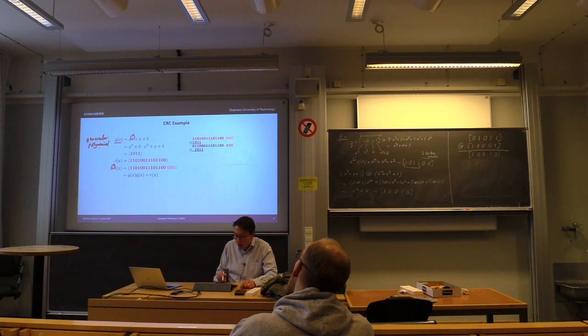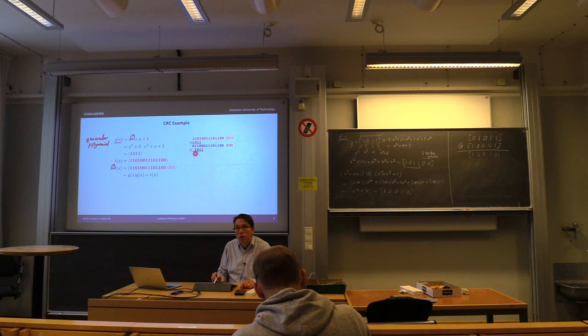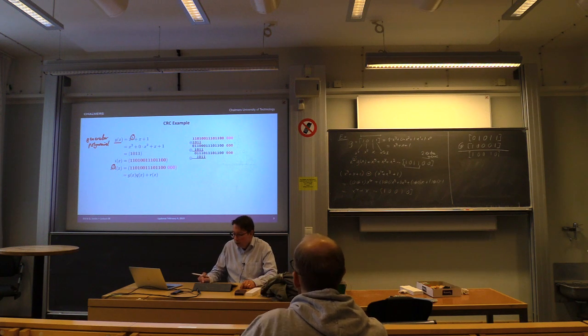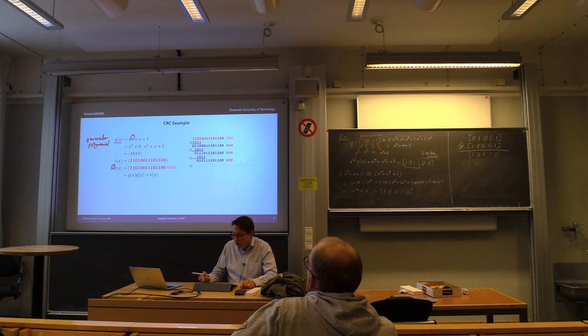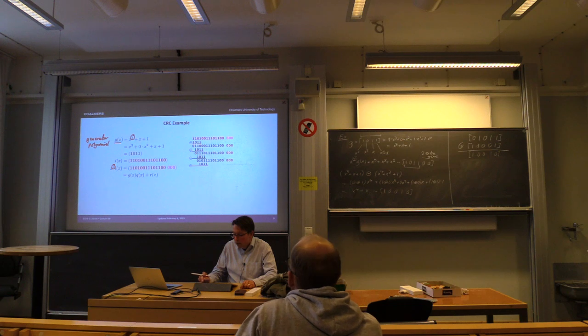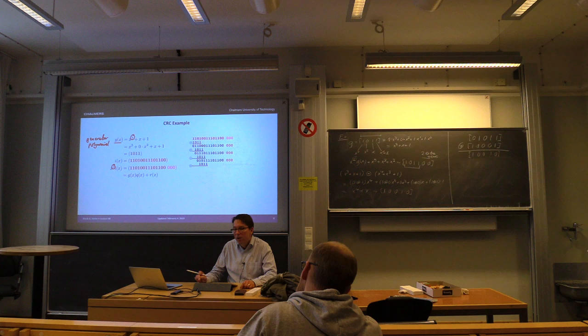We put the generator polynomial, align it such that the leading ones are just above each other, and then we add modulo 2, and then we get a result here. And then we continue. In the next step, we didn't get so lucky actually. Here I think we will get lucky, because there is a nice match between the ones here, so we don't have to repeat this for so many steps.